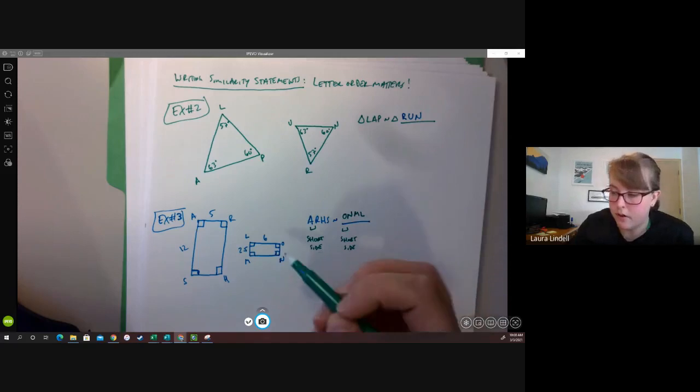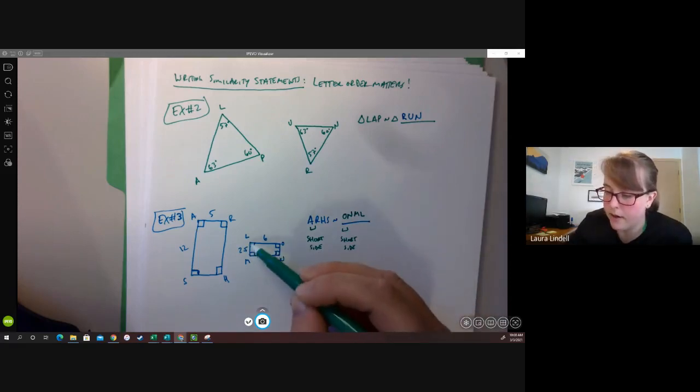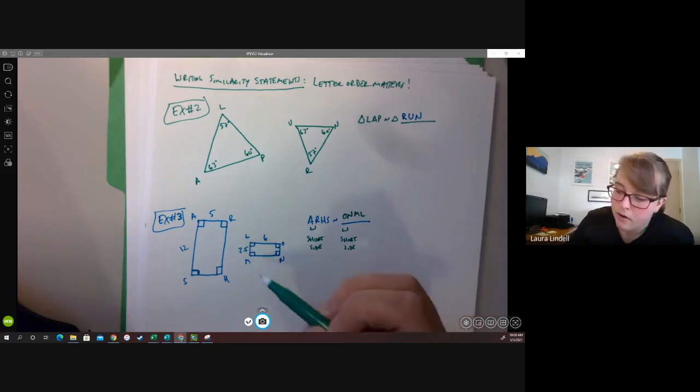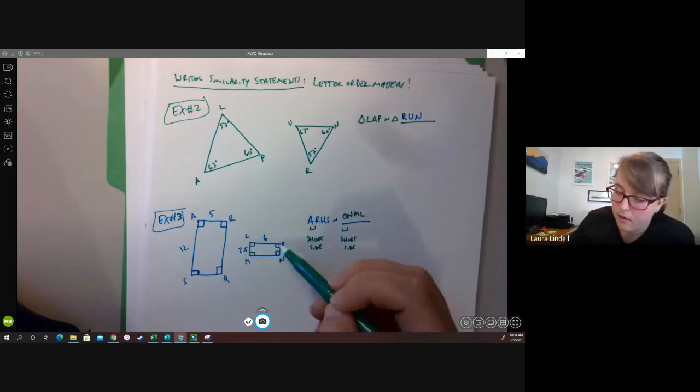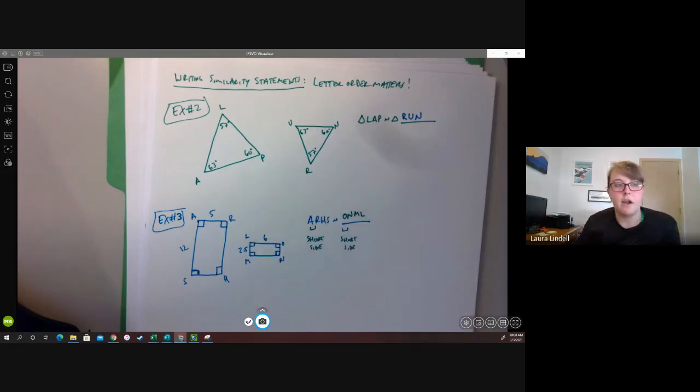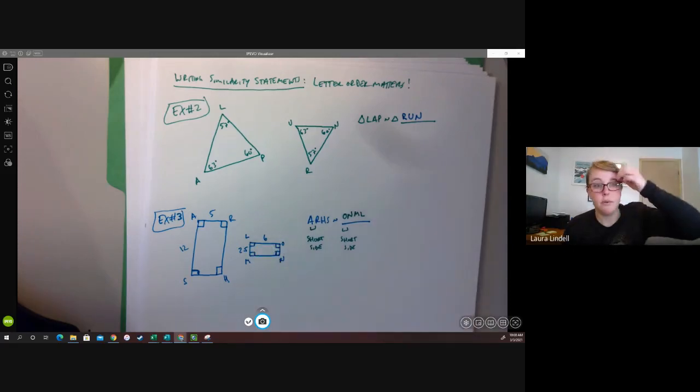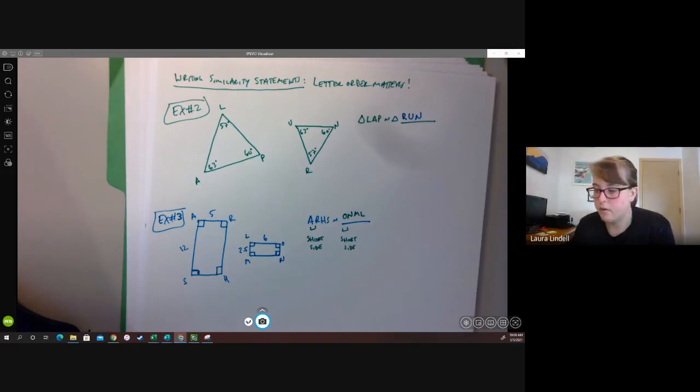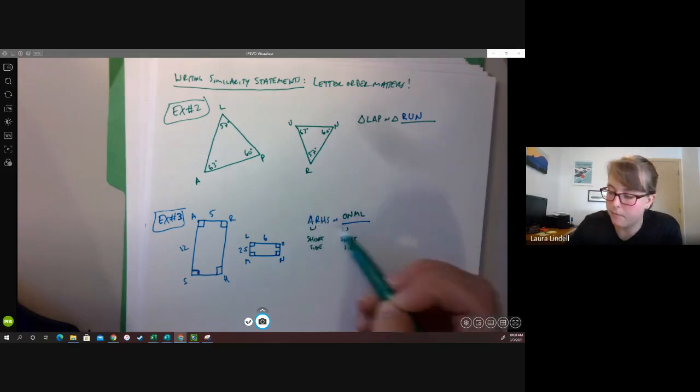You could have also started, though, with LM and gone LMNO, or you could have gone MLON. There's a lot of different combinations when you're dealing with a rectangle that will actually fit and work with your rectangle with the first statement here.